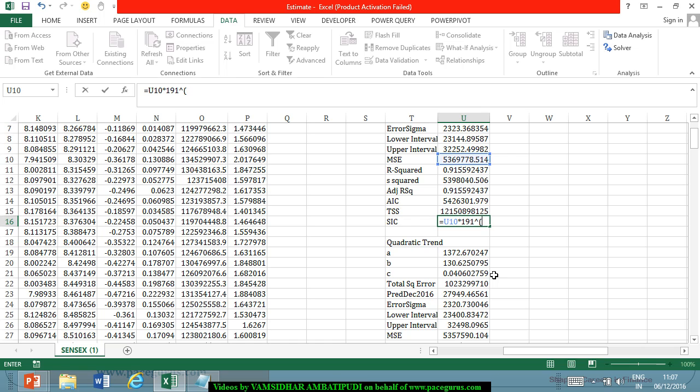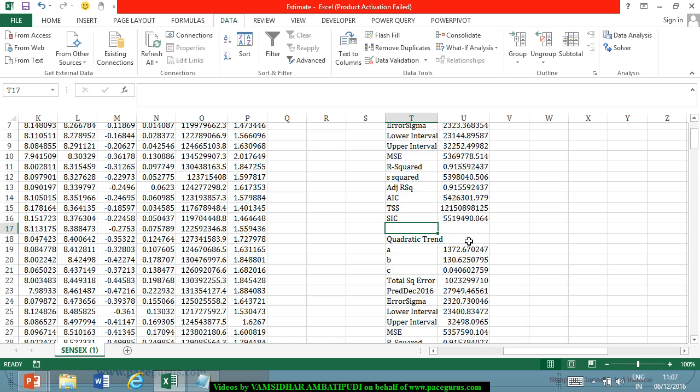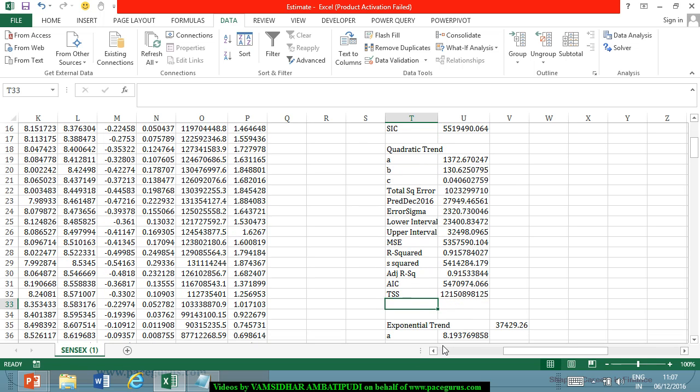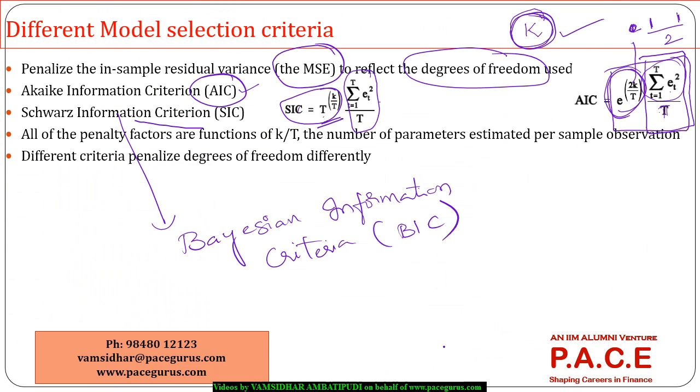K is 1 here, so 1 by 191. So the SIC is working out to 5.519 million.